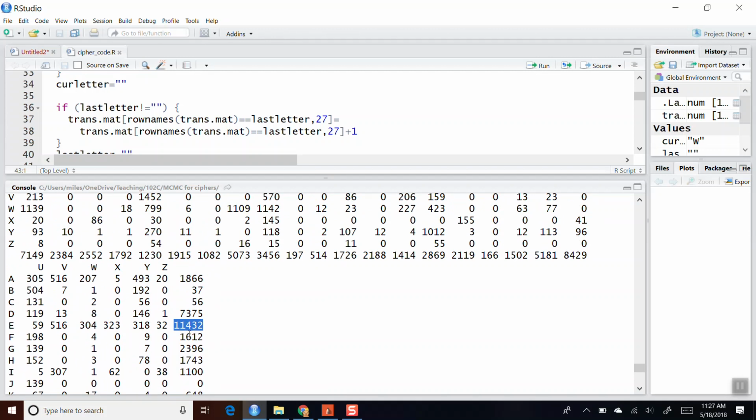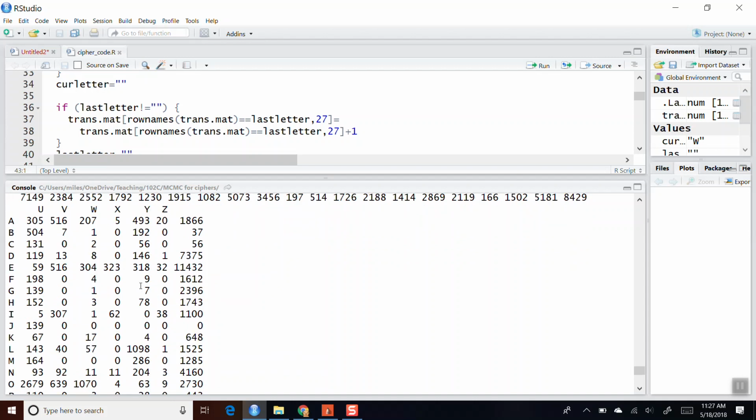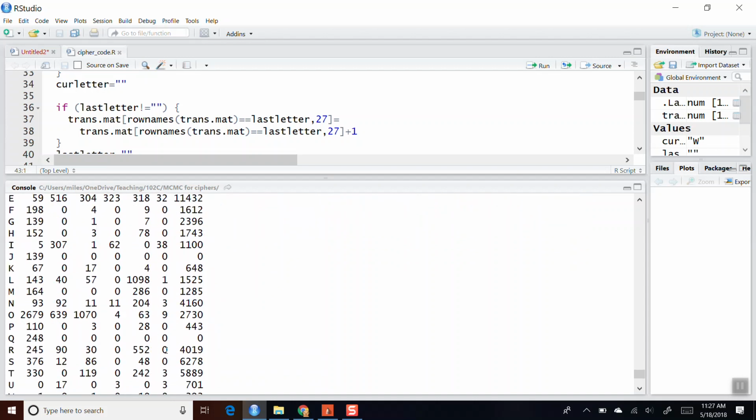That happened 11,432 times. D followed by Z happened 1 time. I don't know, what's a word where Z follows D? Whatever. It's there, L followed by Z and stuff.